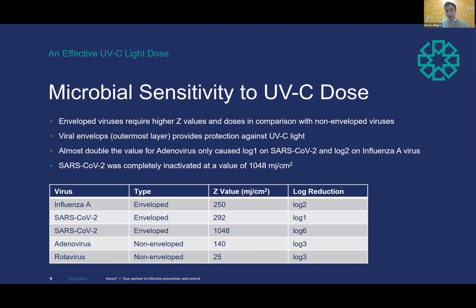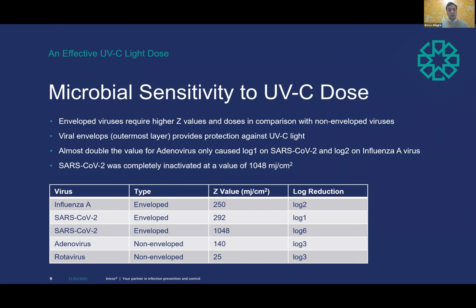When, for example, we compare influenza virus versus adenovirus, to achieve a log 3 reduction, half the dose which was delivered to the influenza virus to only achieve a log 2 reduction was needed for the adenovirus. This again shows that perhaps more research and understanding is needed on how and where these Z values are coming from and how we're calculating them.